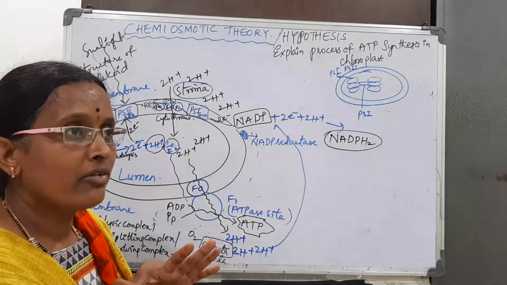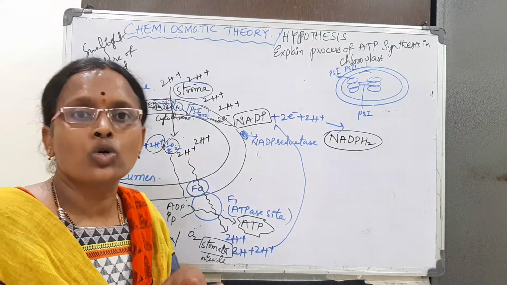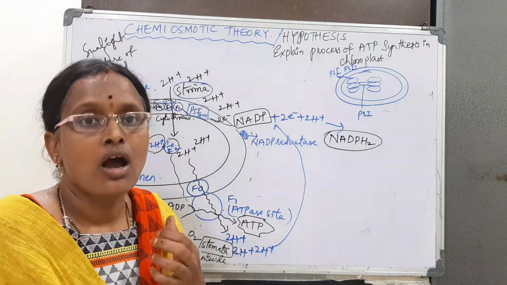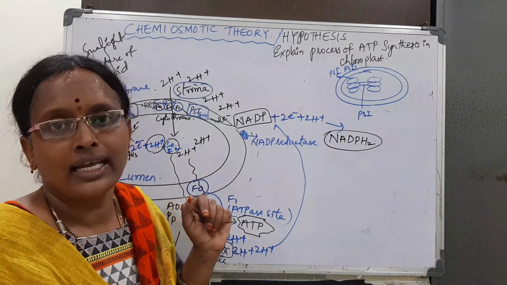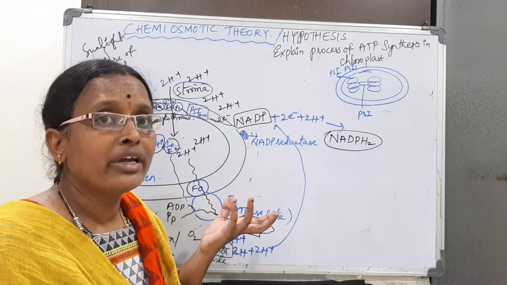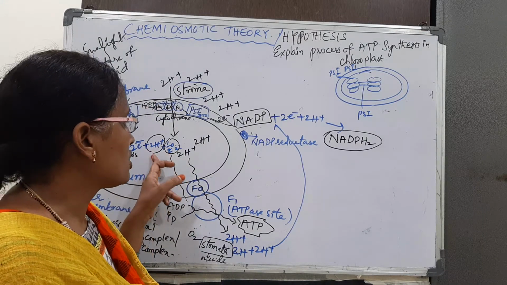If they ask in a competitive exam what is the exact location of oxygen evolution, our answer is the lumen of the thylakoid. It comes from the water molecule only, and so do the protons.